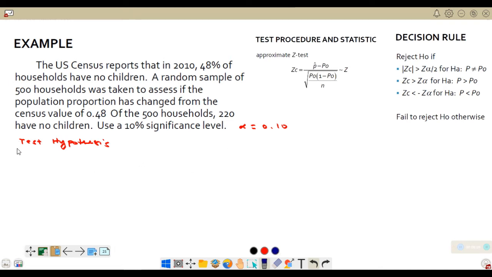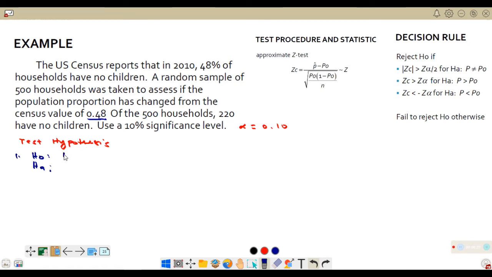So, construct na tayo ng null and alternative hypothesis. Sa generic na lang muna natin siya isulat. Okay? So, ang proportion natin na given dito is 0.48. Ito yung assumed na proportion.